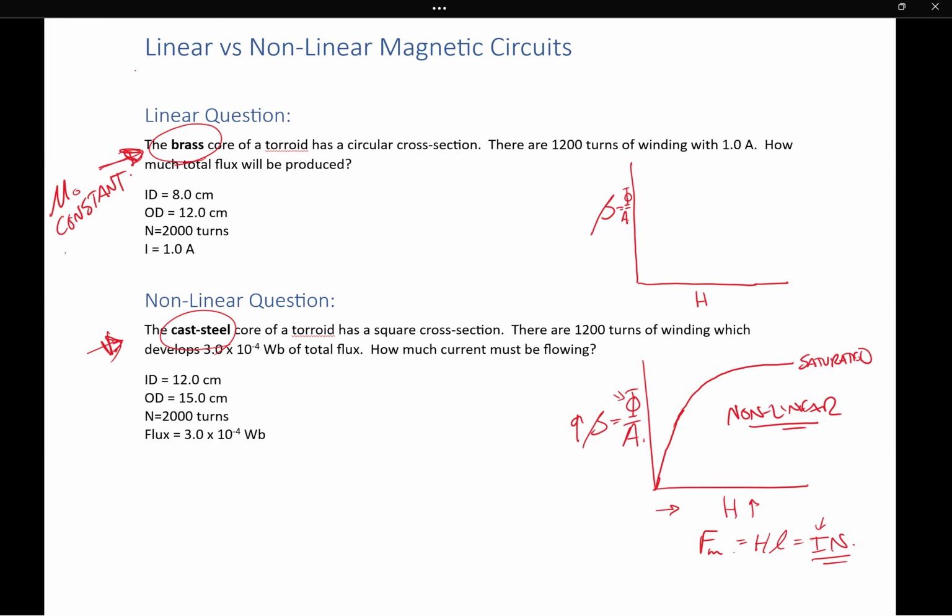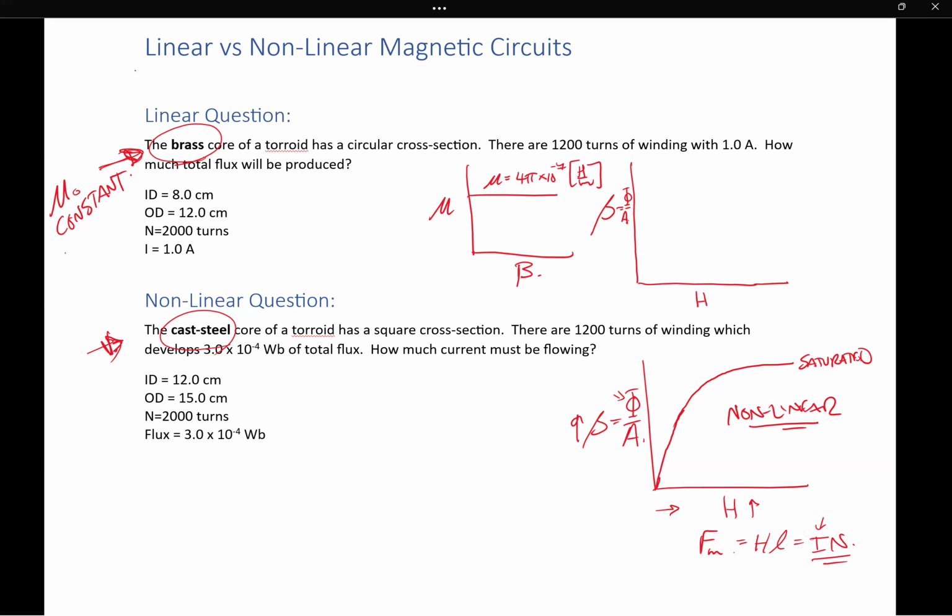So the relationship between B and H stays exactly the same. If I were to plot permeability, it would be straight at mu equals 4 pi times 10 to the minus 7 henries per meter. Stays the same.